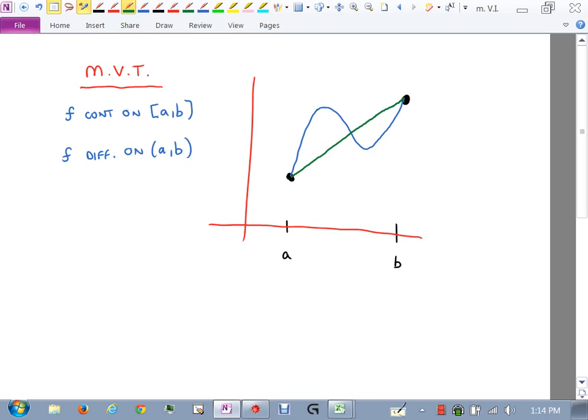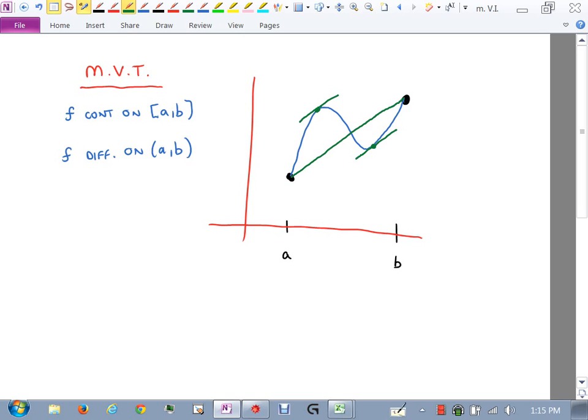I think it's happening somewhere around here. Looks like the slope of the tangent line would run parallel to that line. And there looks like there might be another one somewhere around here. So in this case, it looks like there's 2 places. Now, it just so happens the way I'm drawing my pictures, we keep getting 2. What the mean value theorem and Rolle's theorem guarantee us is at least the existence of 1.